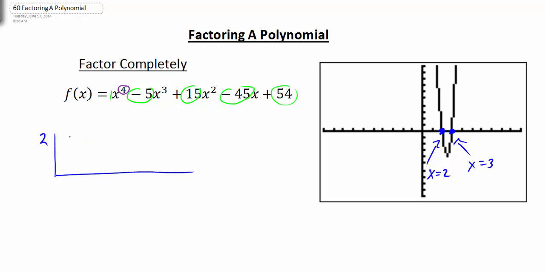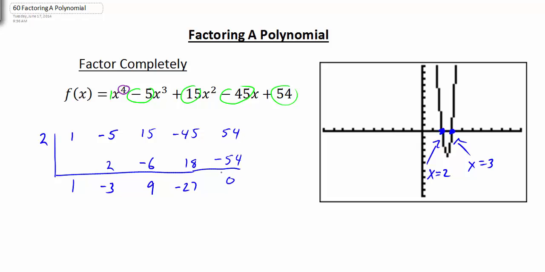Using synthetic division, we bring down the 1. 2 times 1 is 2. Negative 5 and 2 is negative 3. Times 2 is negative 6. 15 and negative 6 is positive 9. Times 2 is 18. Negative 45 and 18 is negative 27. Times 2 is negative 54.